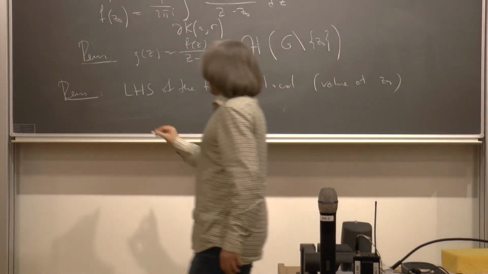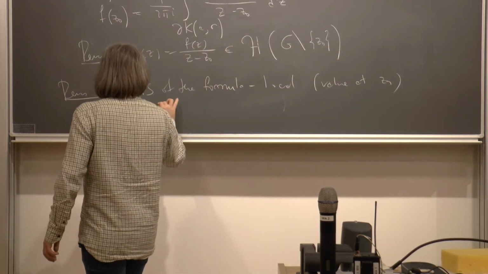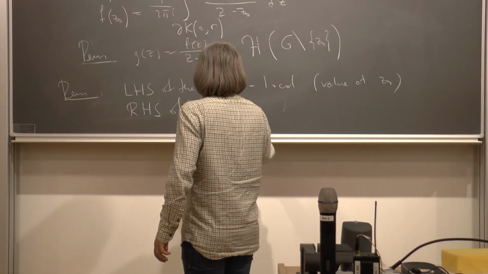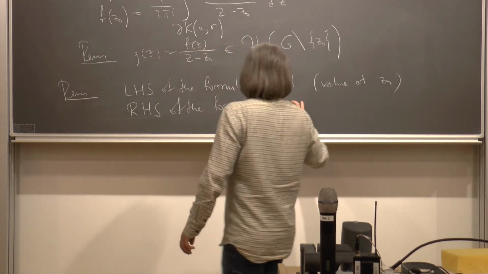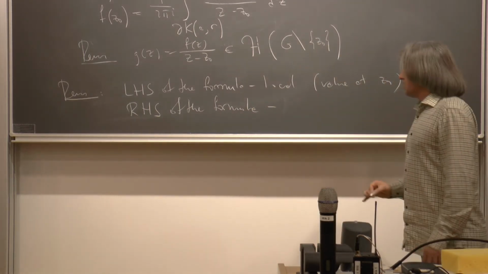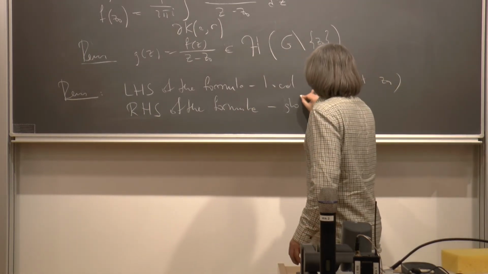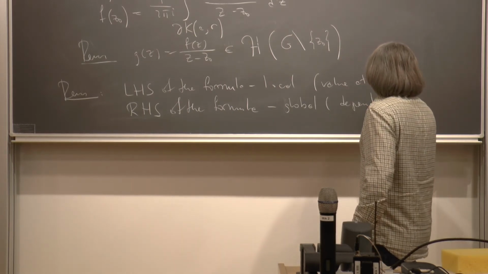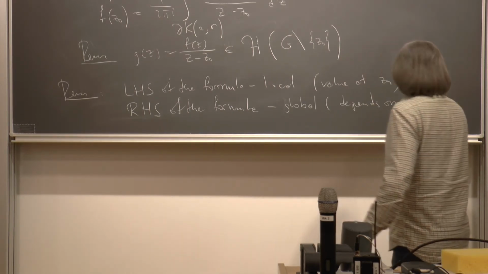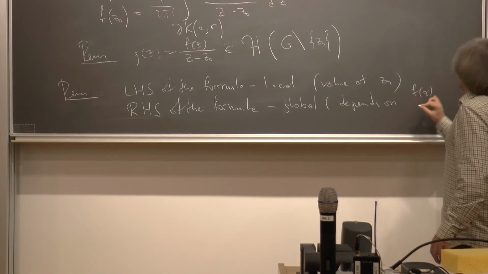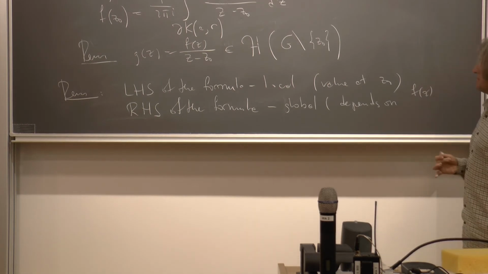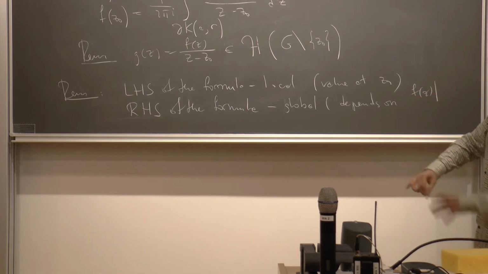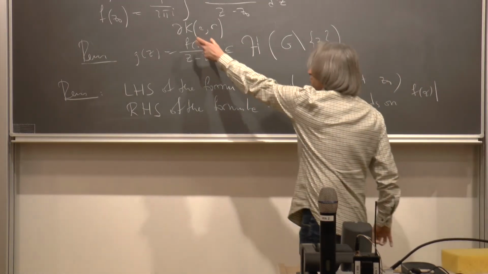But the right-hand side of this formula is global, in the sense it depends on the values of f of z restricted to this probably absolutely huge circle like this.